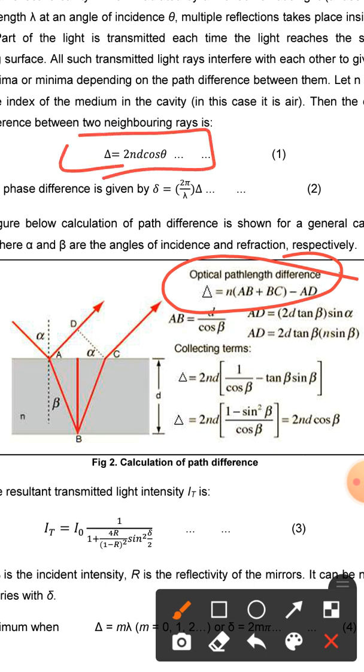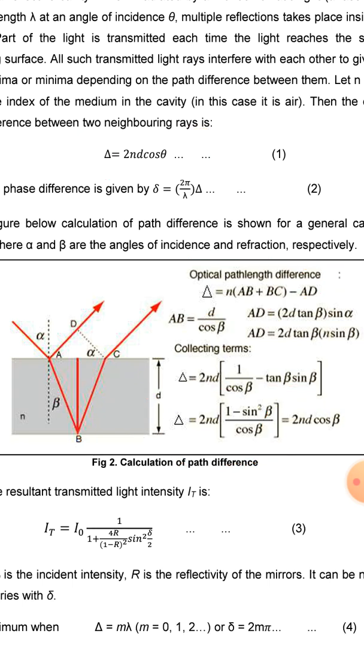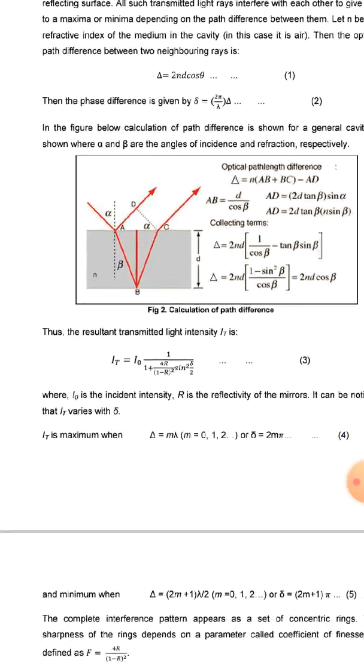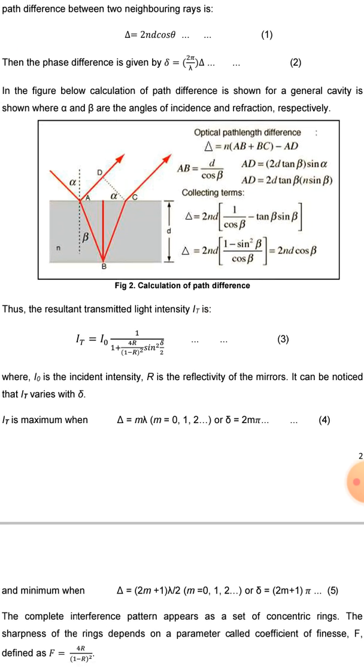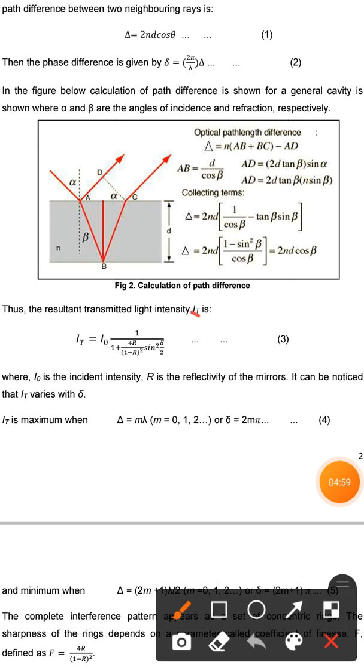From this geometrical structure we can calculate delta equal to 2nd (1 minus sine square beta) upon cos beta, equal to 2nd cos beta, and here we can find the intensity of transmitted light in terms of these expressions.